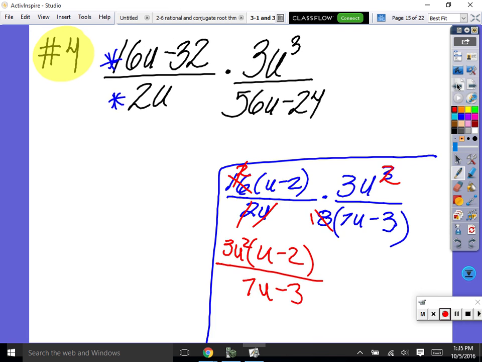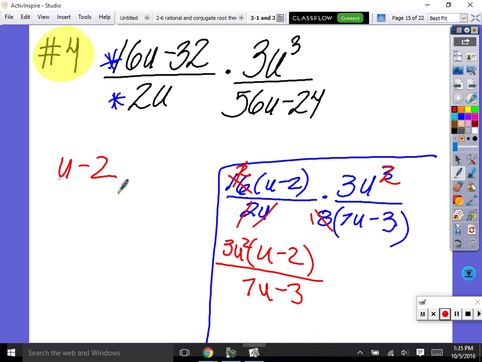Okay, number 9. I have a question. No, because they're not being divided straight across, right? Because that's division, right? I just want to ask a really good question.